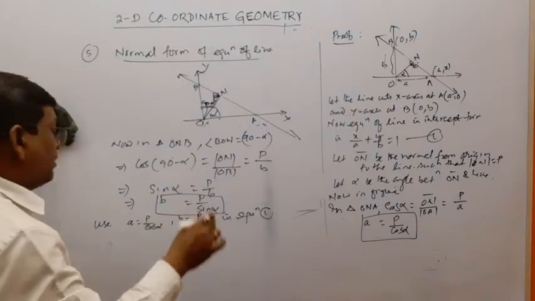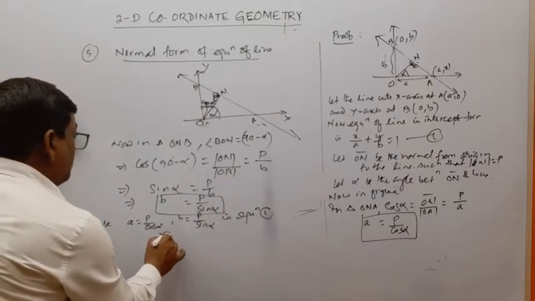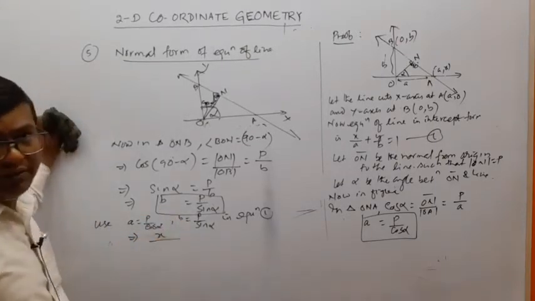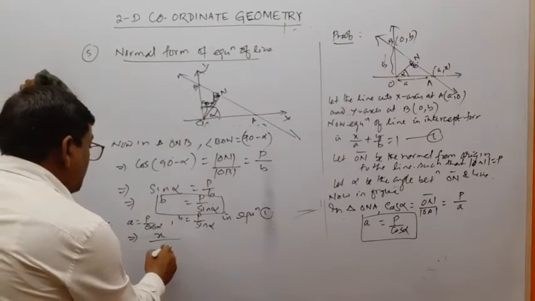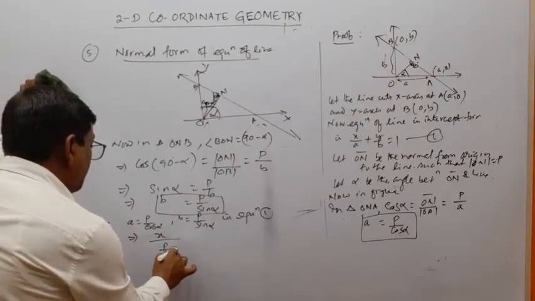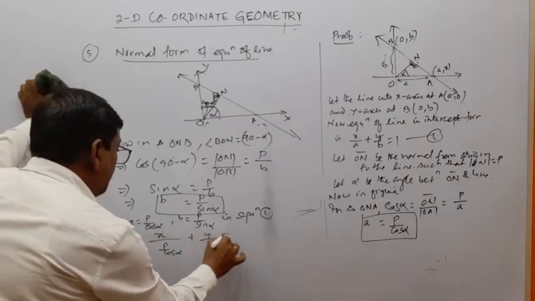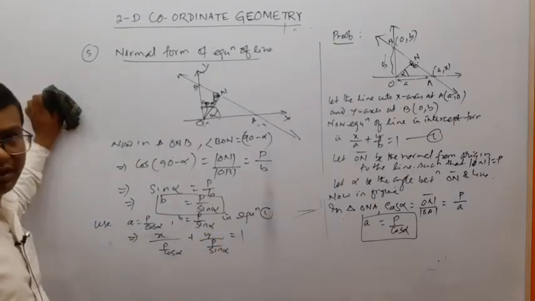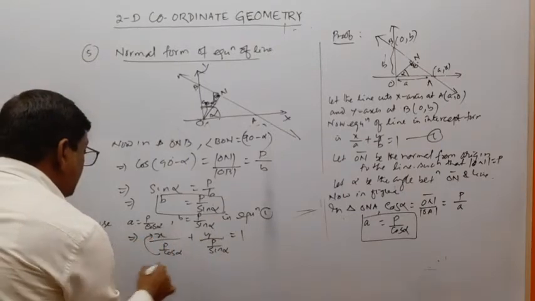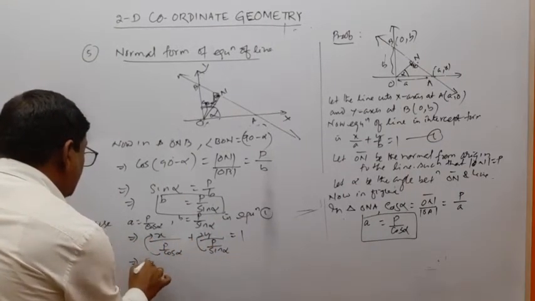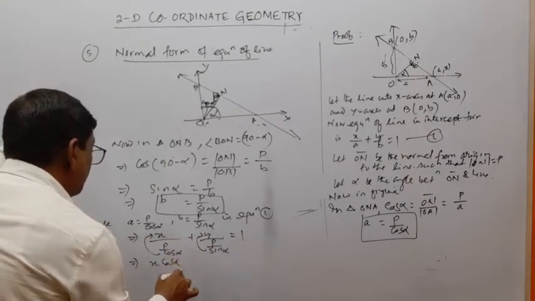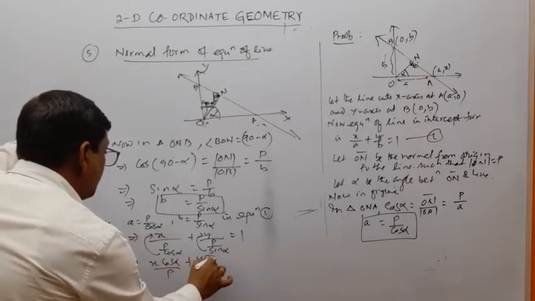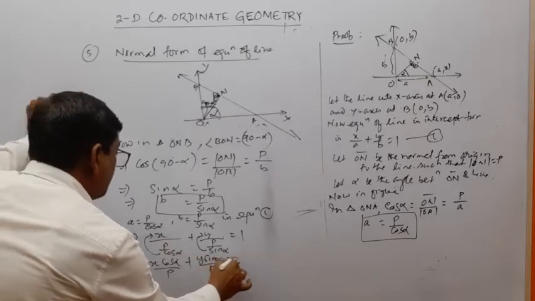Then x by A, that is x cos alpha by P, plus y by B, that is y sin alpha by P, equals 1.